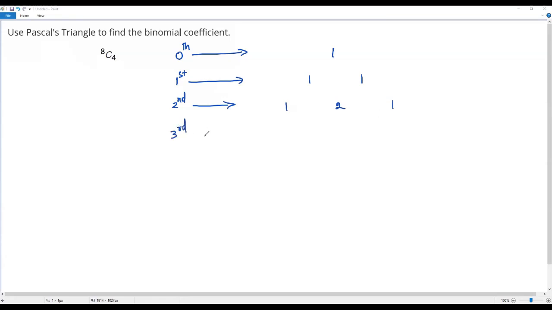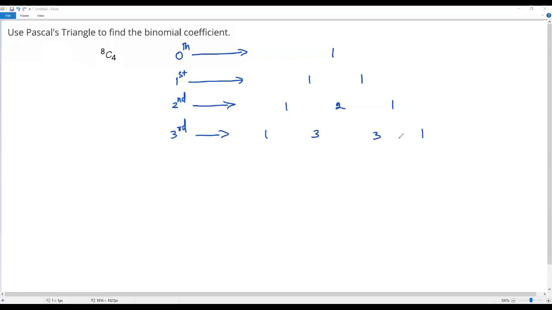Then the third row: we write 1, and to get the next element we add 1 and 2. 1 plus 2 is 3. Whenever I write an element in the middle of two elements, I have to add the two elements. So in the middle of this 2 and 1, 2 plus 1 is 3, and at last we write 1.